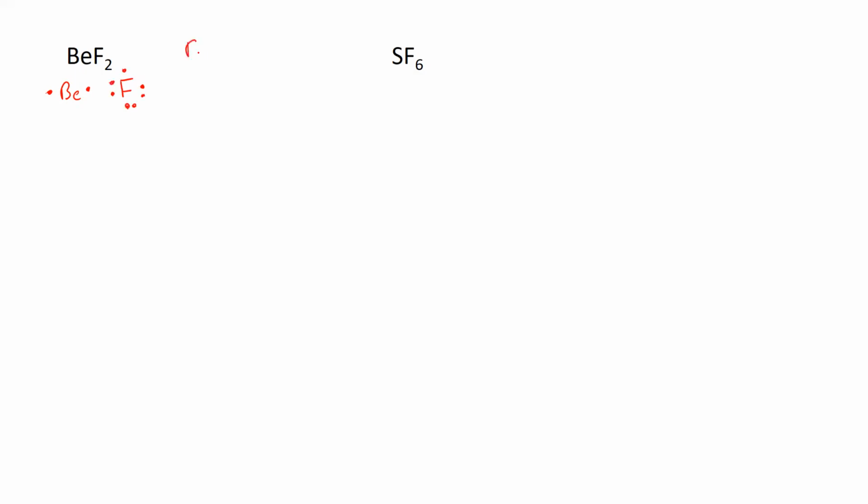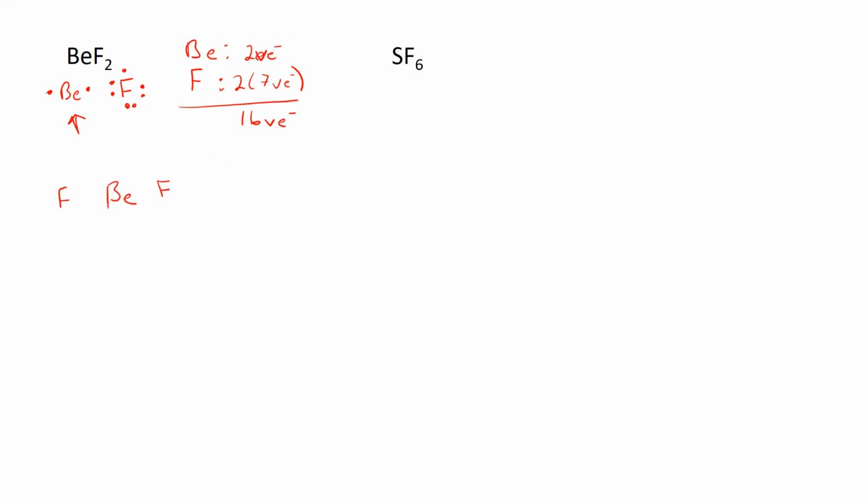Okay, and so when we add them up, beryllium has 2 valence electrons, fluorine has 2 times 7 valence electrons, for a total of, well, 2 plus 14 is 16 valence electrons. Our central atom is, of course, the beryllium because it's got more unpaired electrons in its Lewis diagram. So we have our beryllium and our fluorines.